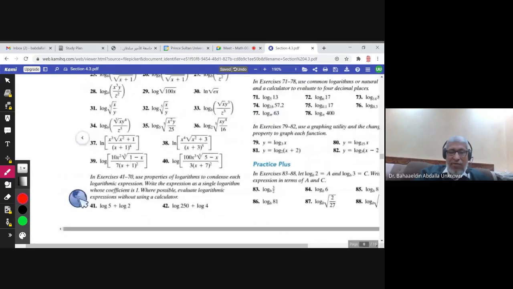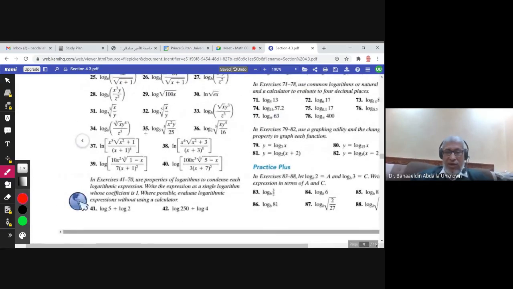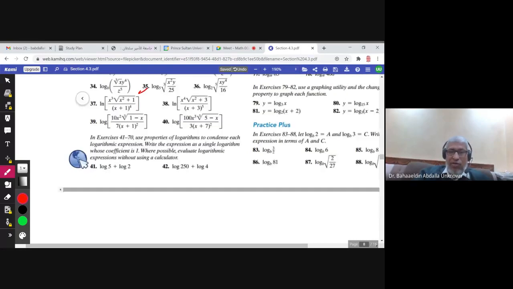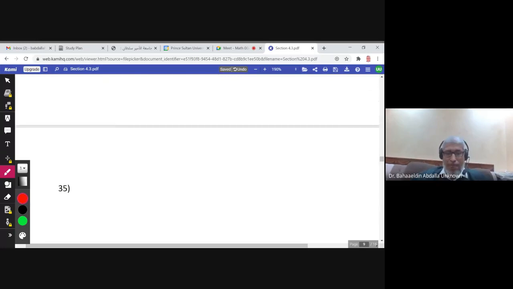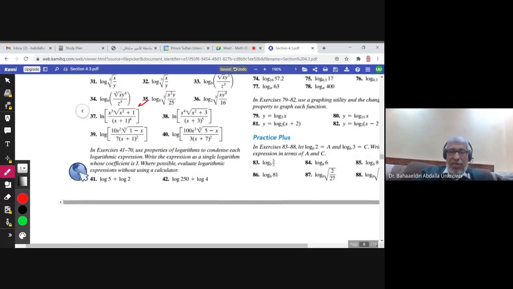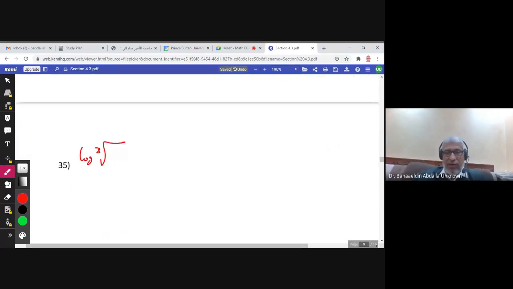Okay, 35. This is 35. Similar to what we did now with 31. Let us do it also. 35. Log cube root of 20 x square y over 25. Expand.